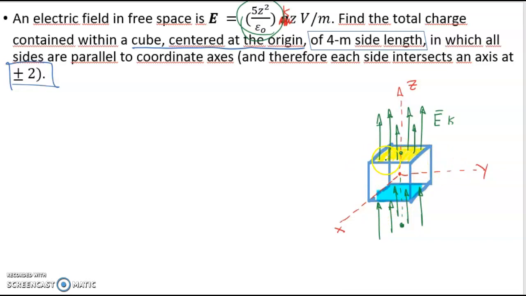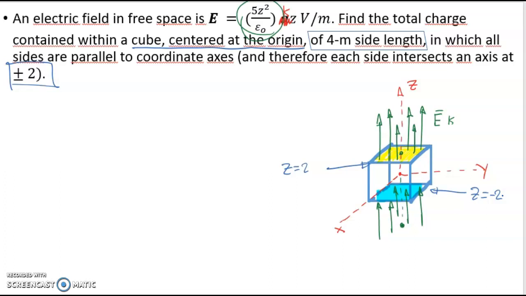For example, the position for this side, we can say that it's located at z equals 2. The position of this side, since it is centered at the origin and it has a 4 meter length, we can say it's located at z equals minus 2. That's going to be helpful.